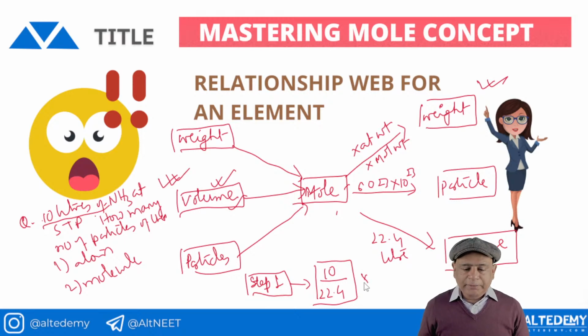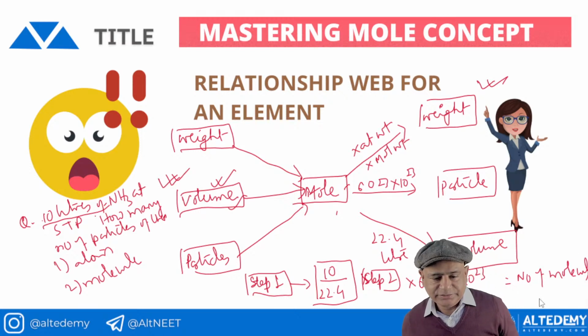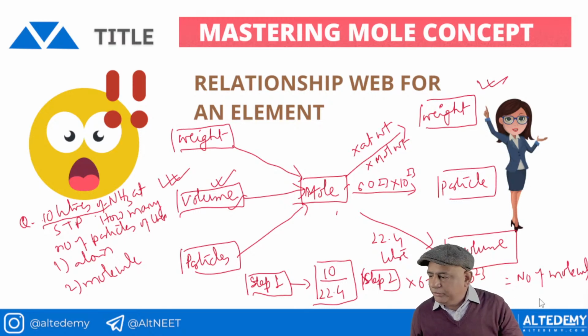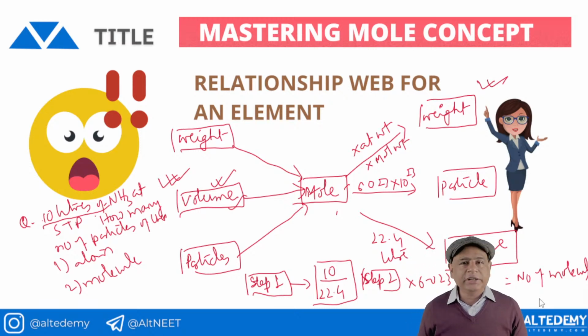So as step 2, if you multiply it by 6.023 into 10 to the power 23, you will get number of molecules. Could you get it? 10 liters of ammonia, how many number of particles? 10 by 22.4 multiplied by 6.023 into 10 to the power 23. This is number of molecules.